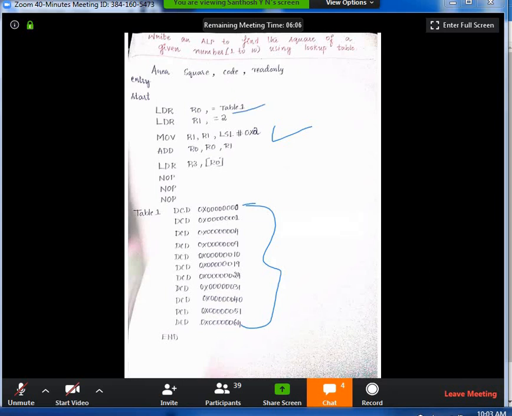The explanation for why you have to take 2 is that each data will consume 4 memory locations. So that's why you have to shift by 2 only. Has everyone understood? Yes, sir. Just analyze once again and you will understand. Everyone be online, I will take the snapshots, then you can leave the session.